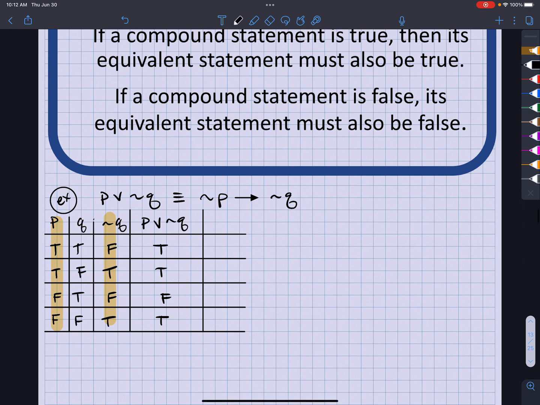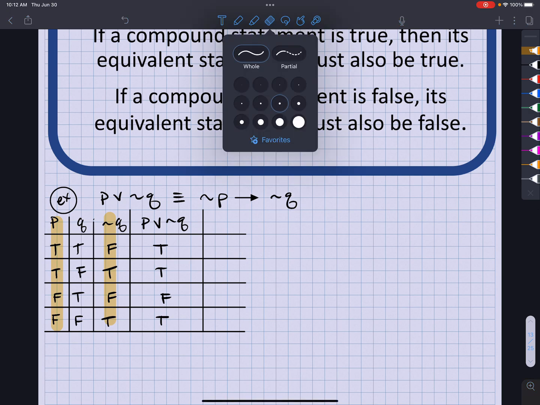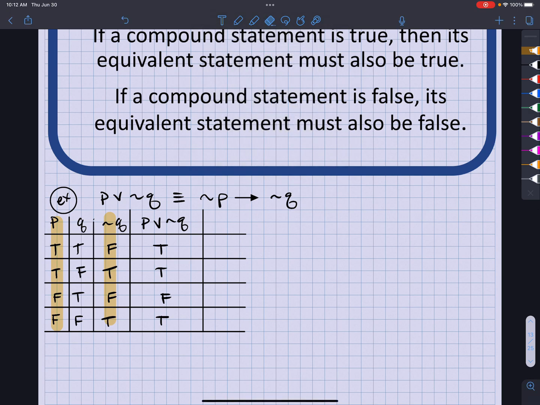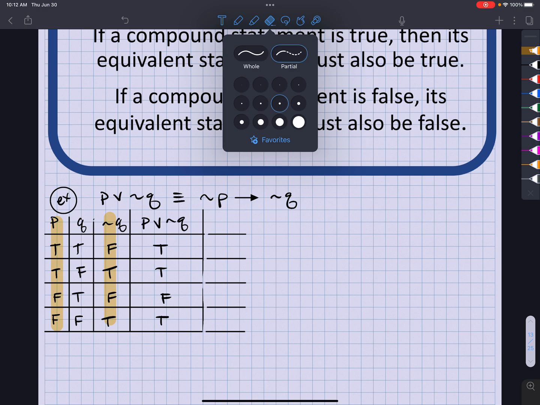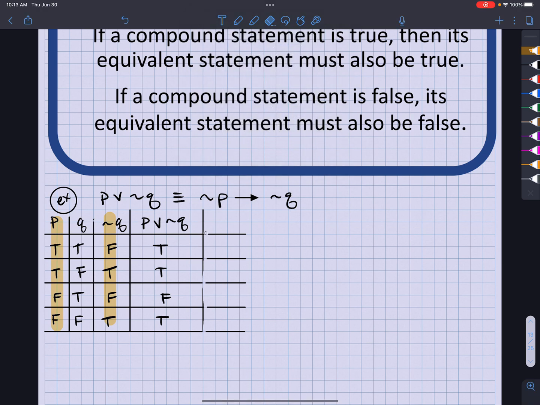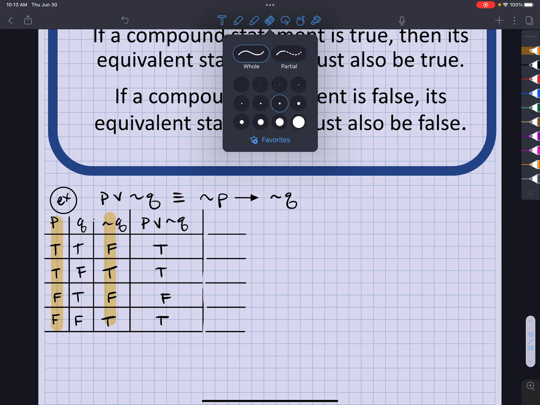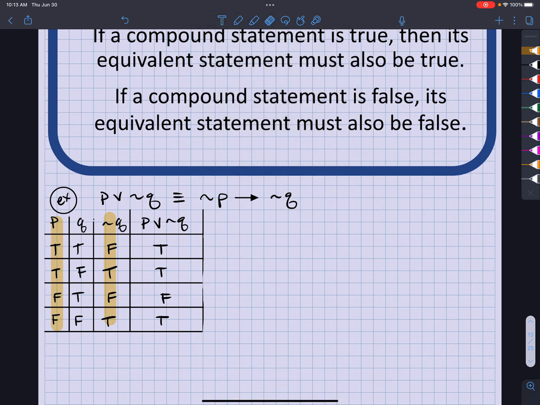All right, so now what I can do is clean this up, and then redraw this line, and there we go. Now I'm going to do the same thing with the other one.